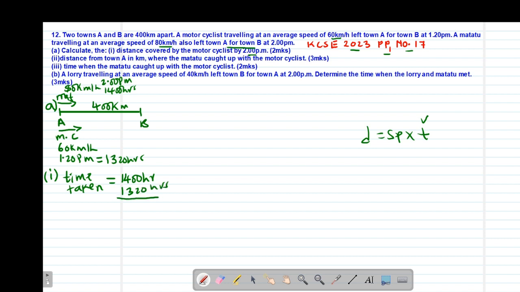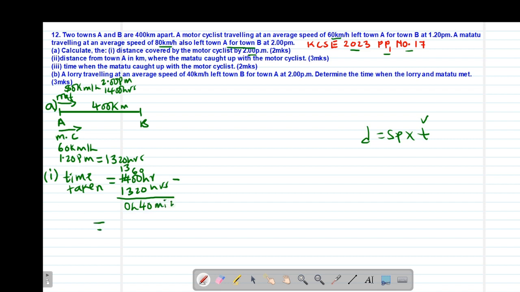Therefore, if we subtract these two, we should get the time taken from 1:20 p.m. up to 2:00 p.m. So I'm going to borrow 1 hour from here so that I remain with 13. Then the 1 hour is equivalent to 60 minutes. So 60 minus 20, I'm going to get 40 minutes. So this will be 0 hours, 40 minutes.